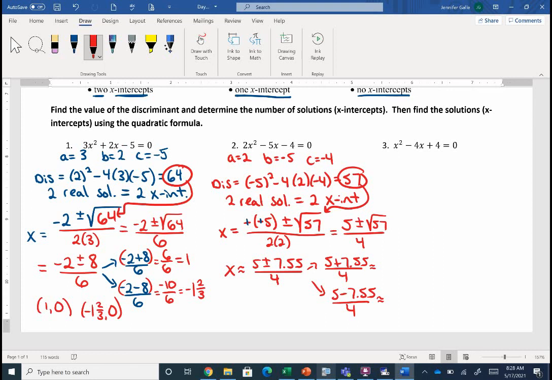You have to do the addition first. So 5 plus 7.55 divided by 4. And again, if you want to round to the nearest hundredth, I am fine with that. That's okay. Just make sure you're using squiggly equal signs every time you round.